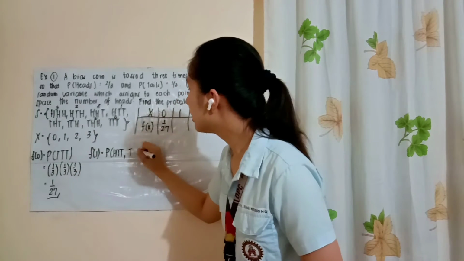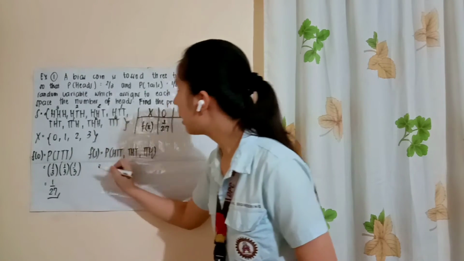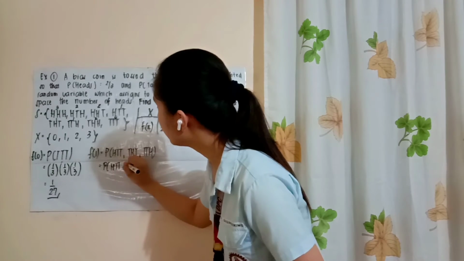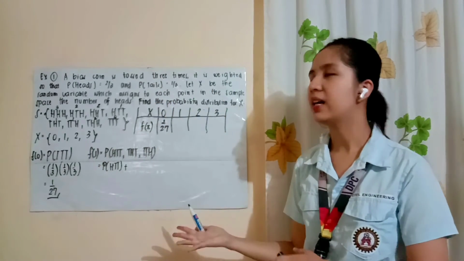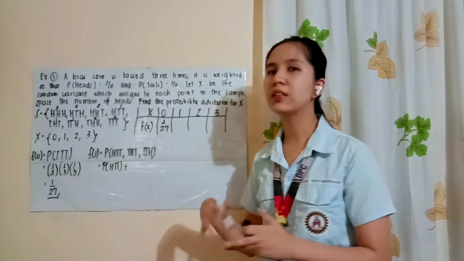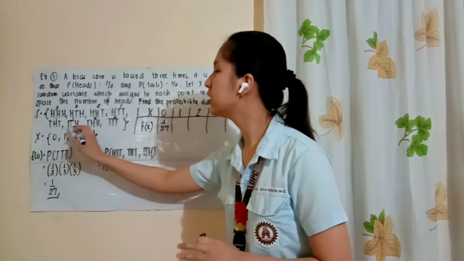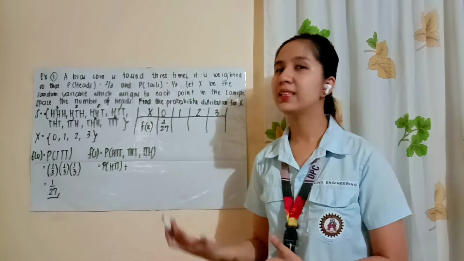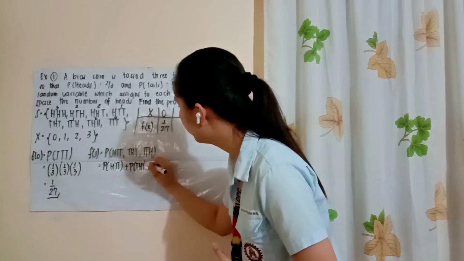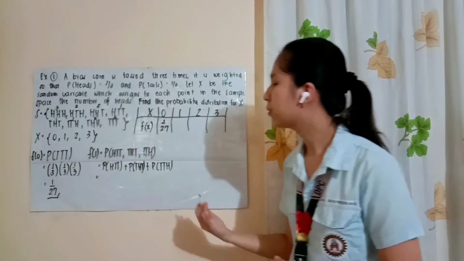Next, we have THT, and last, we have TTH. So, we write P of HTT, plus P of THT, plus P of TTH. Here, we add them, because for random variable 1, there are three ways to get one head: HTT, THT, or TTH. So, let's get the probability of each.